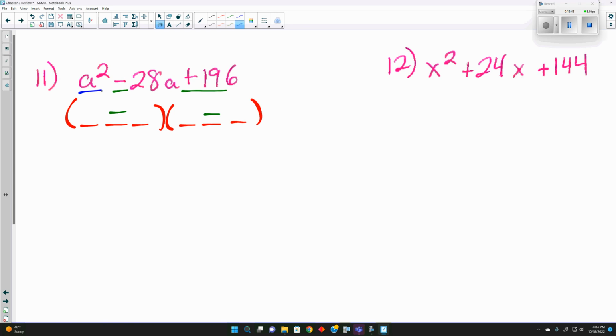Now we look at the factors of the first and third term. Well, the factors of a squared are going to be a and a. Now the factors of 196 are 1 and 196.